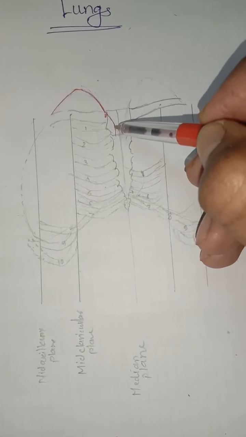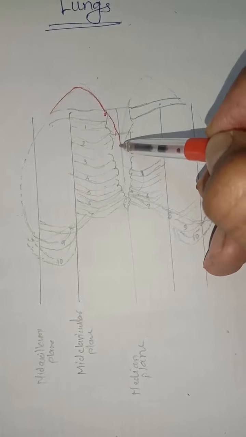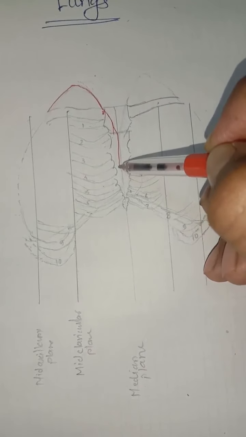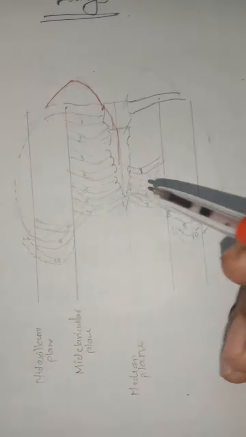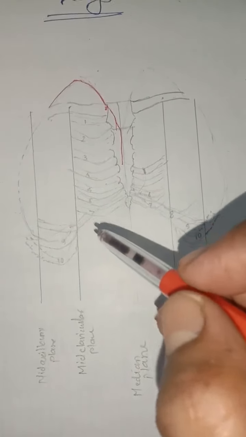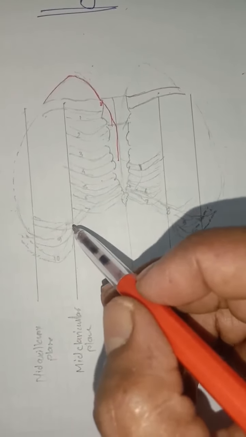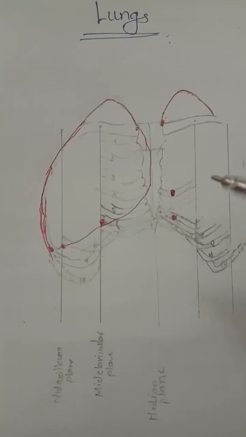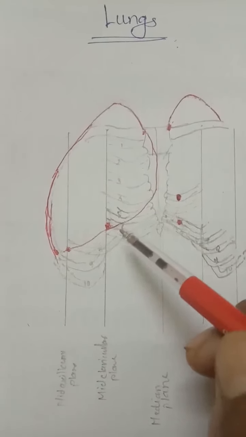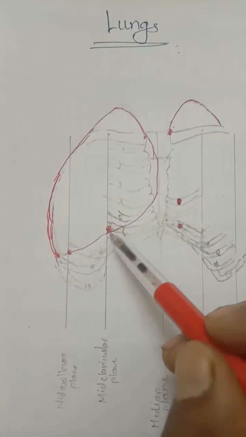In this way. Then take a point at the sixth rib, which is present on the mid clavicular line.